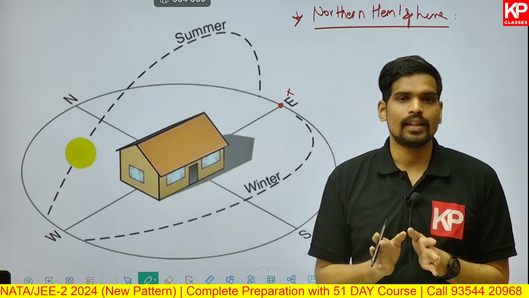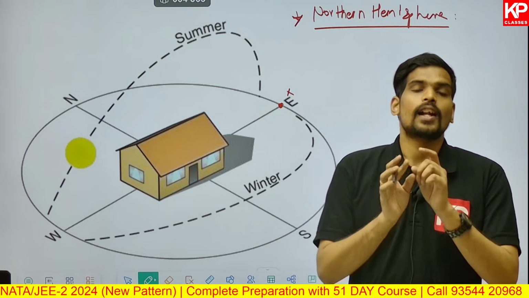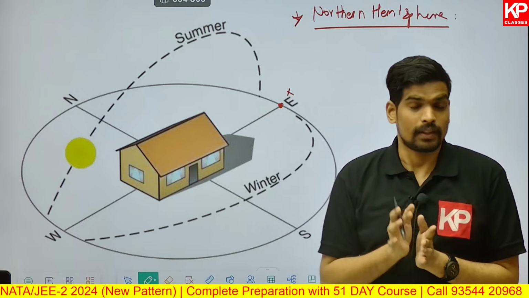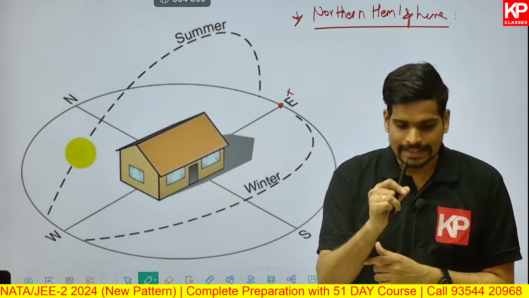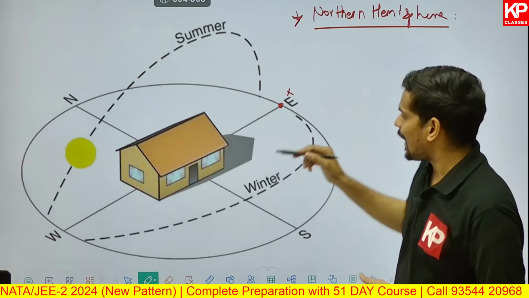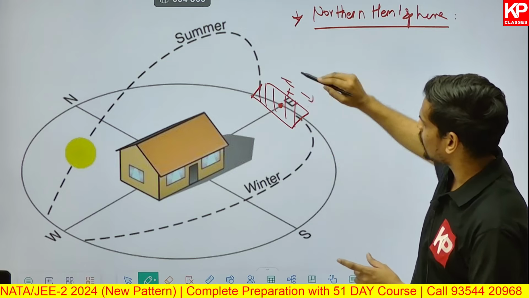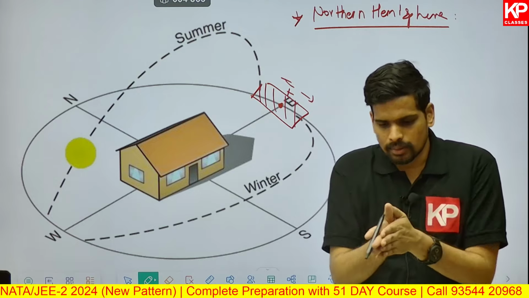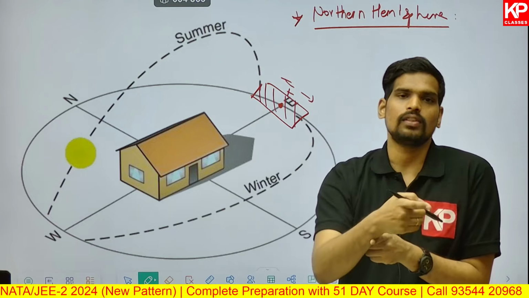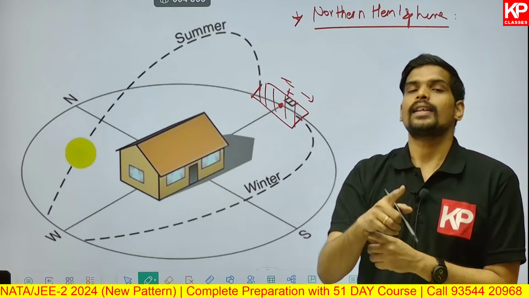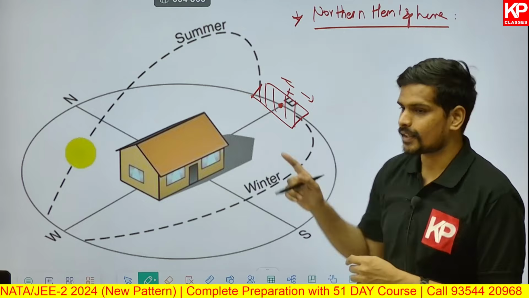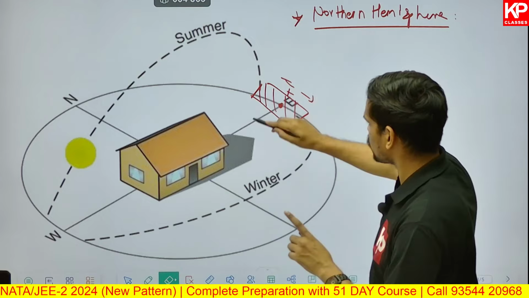If you have been learning that the sun rises in the east, that is not a 100% accurate statement. Why? The sun rises from the east portion. It can rise slightly above east, slightly below east. East is basically a particular direction which is at 90 degrees with the north pointed by the compass. But the sun does not exactly rise at east. It rises from the east portion. That's the first thing which you should know.